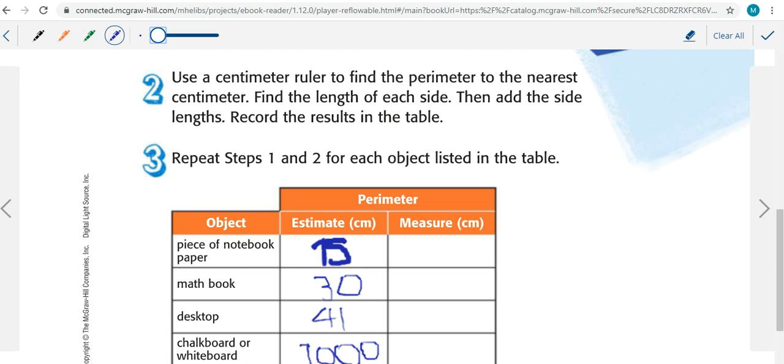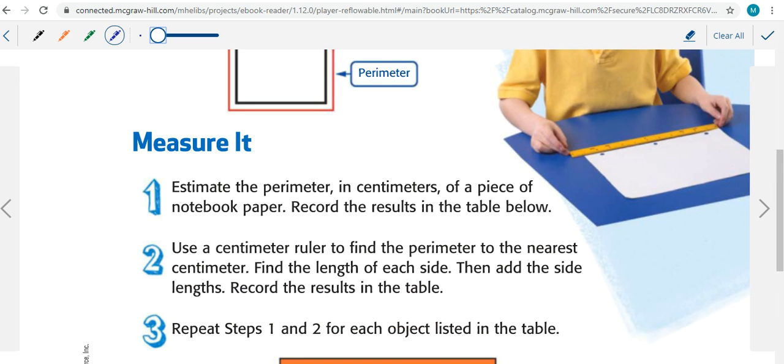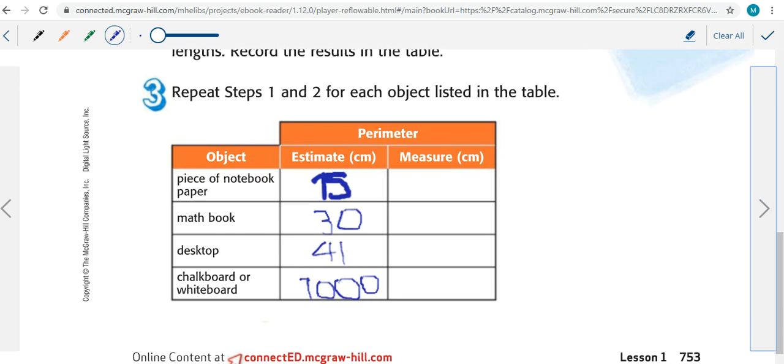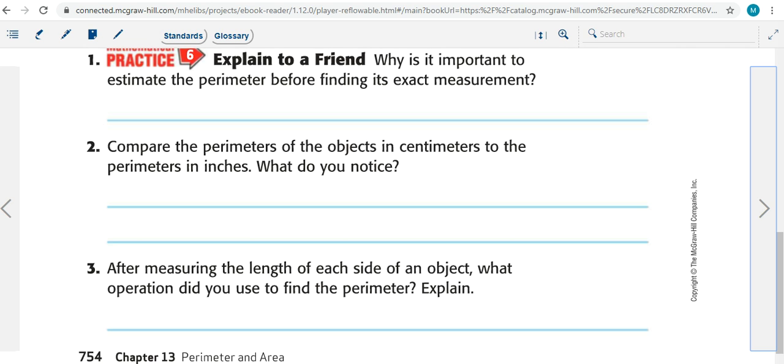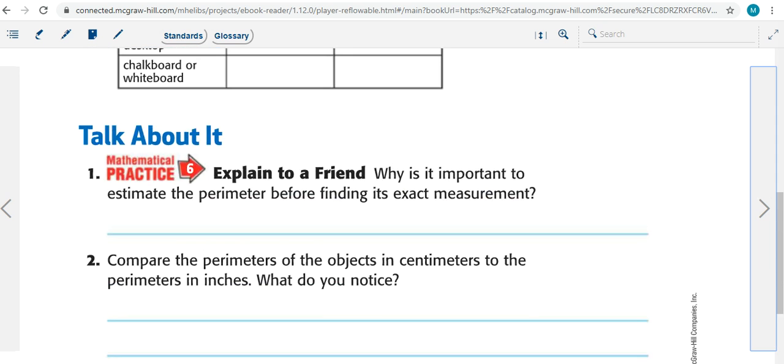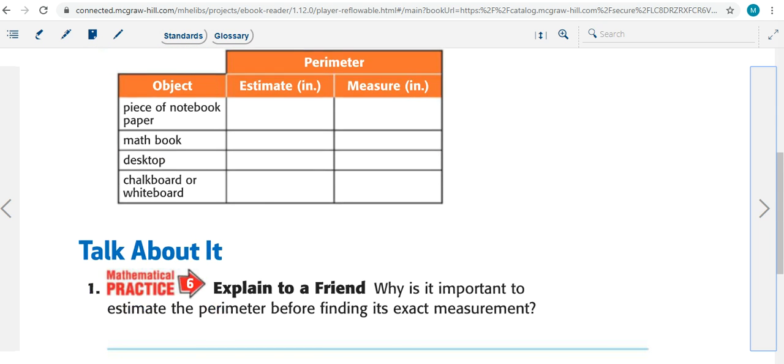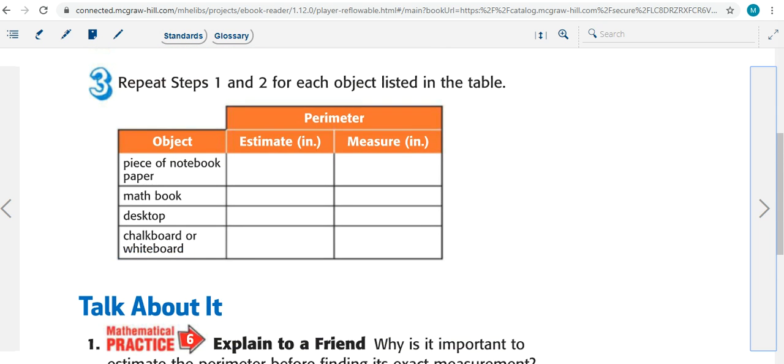What is the exact measurement of this? Now, when you find the perimeter, you use a ruler, you measure, okay? Now, next page. Every time that you measure something, you need to add all of the measurements. And then you're going to do the same thing, but in inches.